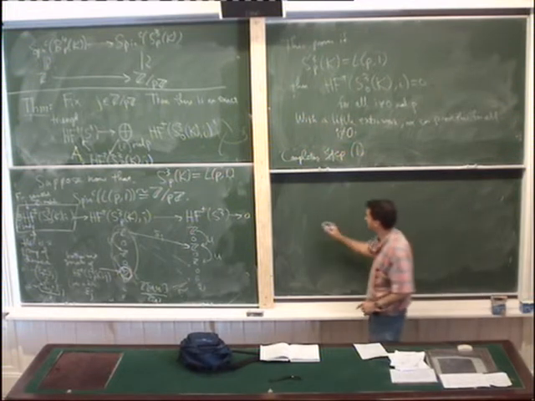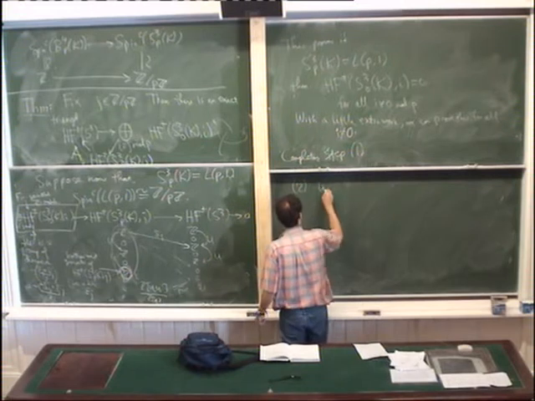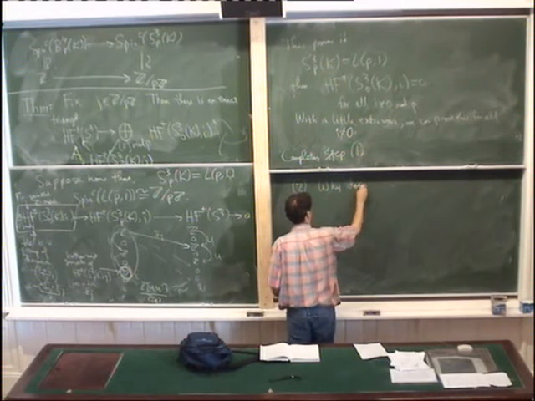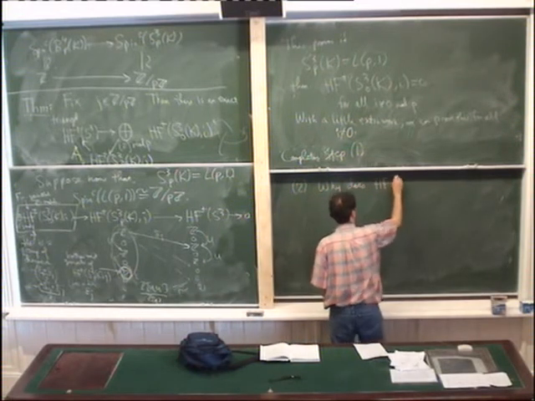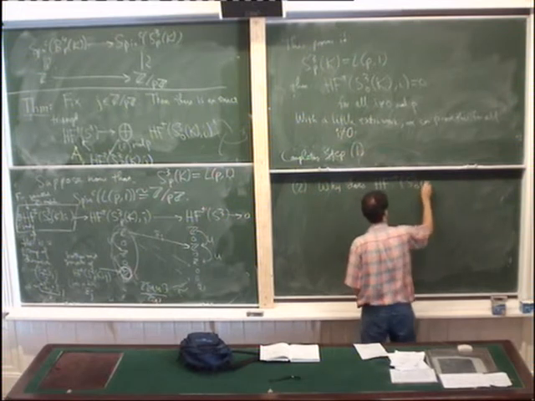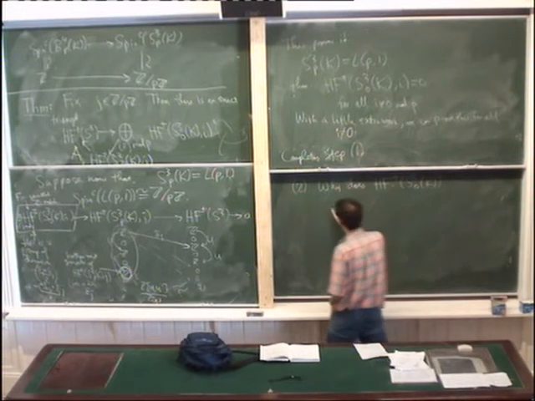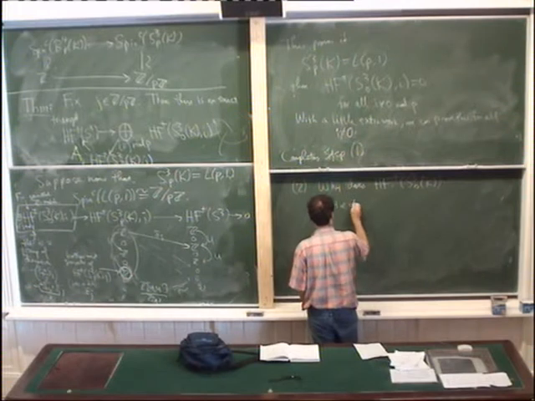So for step 2, the question is, why does Floer homology of the zero surgery detect the genus of the knot?